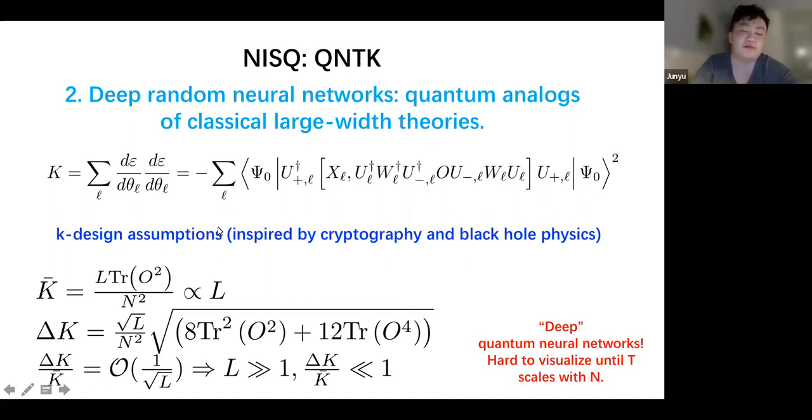If L is much, much smaller than n, which is the case if you don't have that many training parameters while you scale the dimension of the Hilbert space, then this quantity will be exponentially small. That means that you cannot observe this K bar in experiment unless you wait for an exponentially long time, and then you will observe this decay.